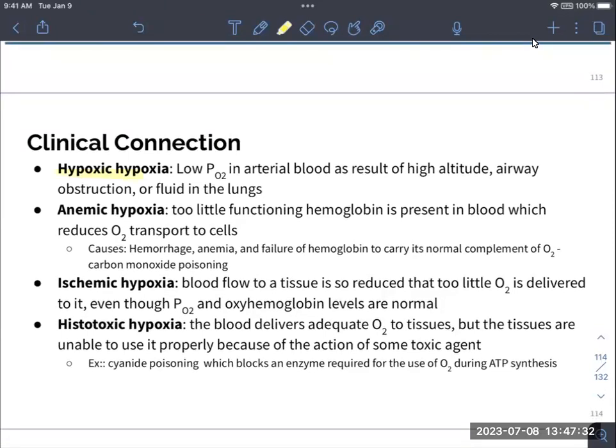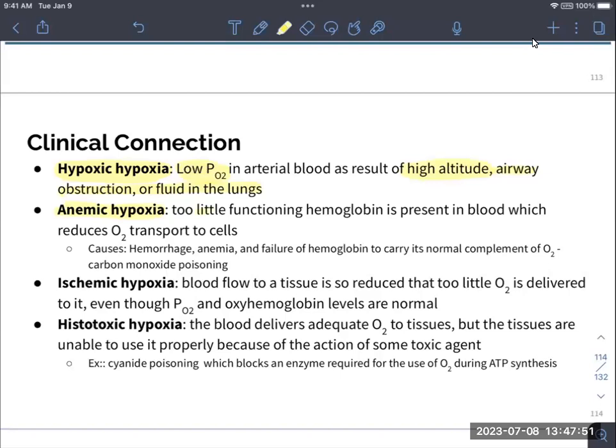So, hypoxia. There's low oxygen pressure in the blood, and it's usually because you're at a high altitude. But it could be airway obstruction or fluid in the lungs that's causing this. Anemic hypoxia.